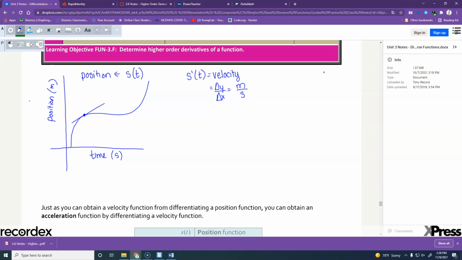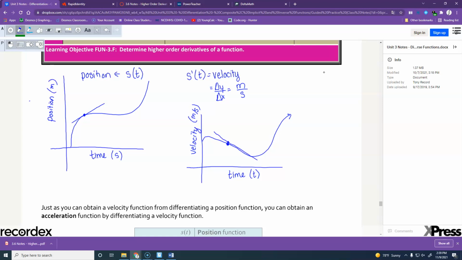So what if we took our velocity function, so this is still time, and this is going to be velocity, okay? So this is meters per second, and then time, so we've got some function. I could actually think about what it's going to look like. So what about if we take the derivative of this?